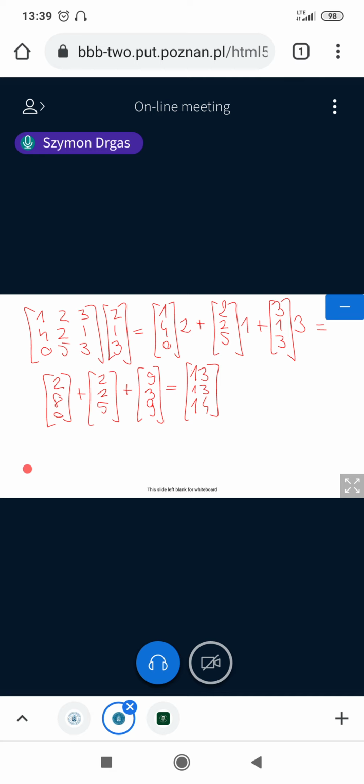We can say that matrix A, we typically denote matrices with boldface uppercase letters. If we have 1, 2, 3, 4, 2, 1, 0, 5, 3, we can also write that A is in the set of matrices 3 by 3.